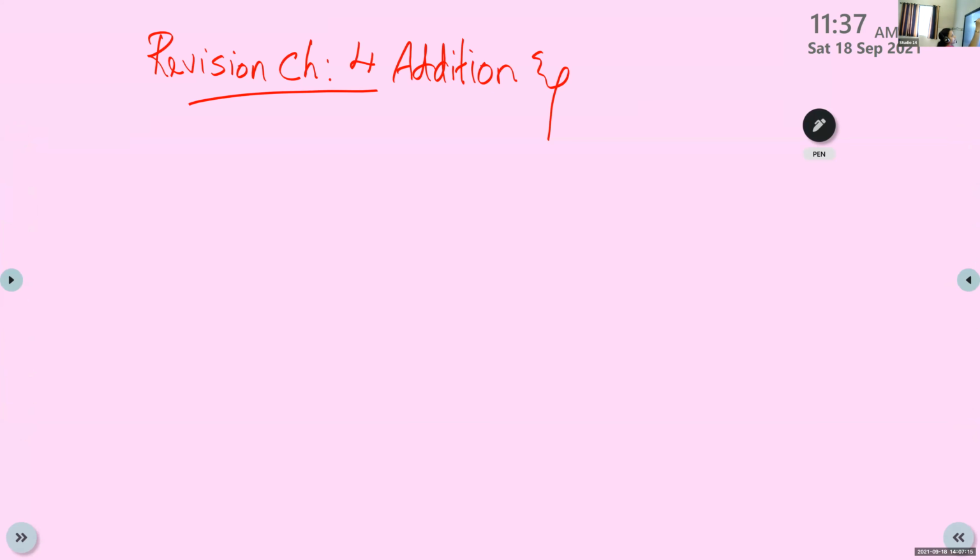This is revision on chapter 4, addition and subtraction of 5 digit numbers. We have completed chapter 5, now we are doing chapter 4. Every day we are doing these revision questions in the rough book. So first, question number 1.